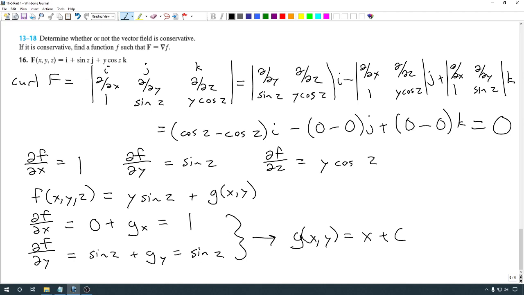The point here is I can ignore y just because I already know its derivative with respect to y is 0. But I can now put that function into here and get that my potential function looks like y sine z plus x plus some constant. And of course, any constant works there. If you're looking for just a single one, you might leave out the c. Just y sine z plus x is our potential function.